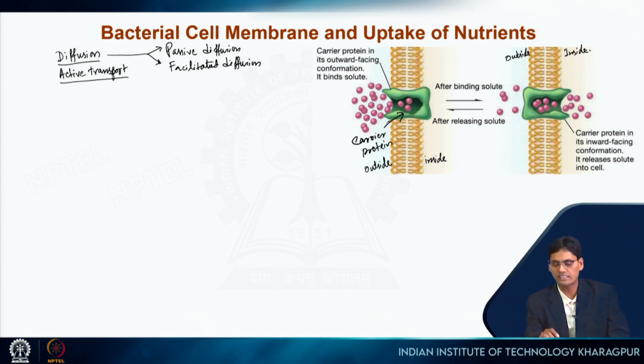In the first step, as you can see, this carrier protein is facing outward because of its conformation. Because of the conformation change in the protein, it helps. So these solutes, which can be some nutrients, are entering into this carrier protein. Now, after binding the solute, the conformation changes, and the carrier protein releases those solutes inside the cell.